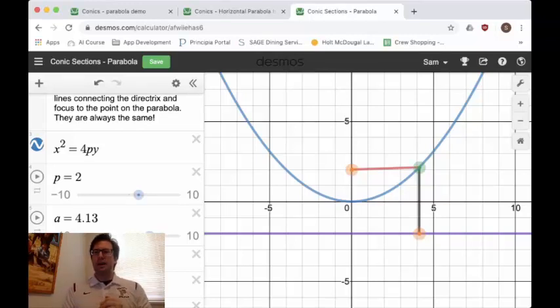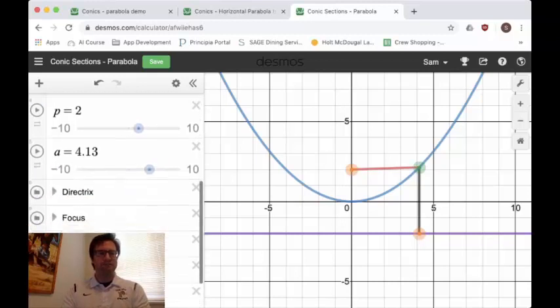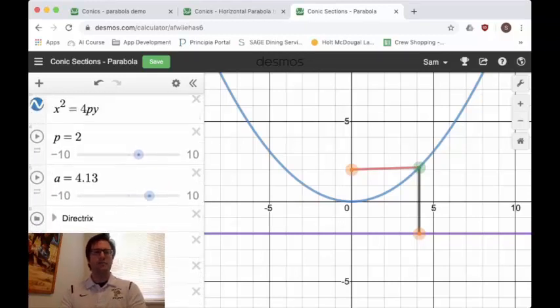Now, the other thing to note here is that I have this value of p set at p equals 2. So if I wanted to actually write out the equation for this, it would be x squared equals 8y. P equals 2, 4 times 2 is 8.